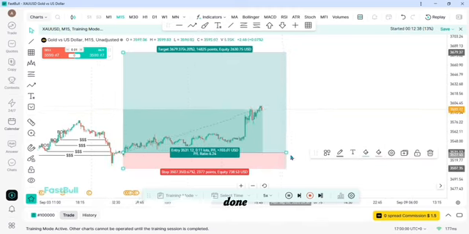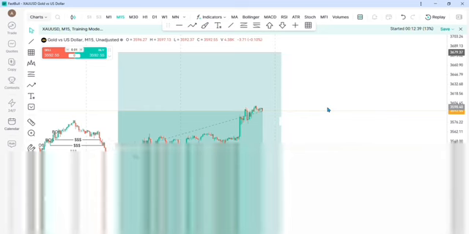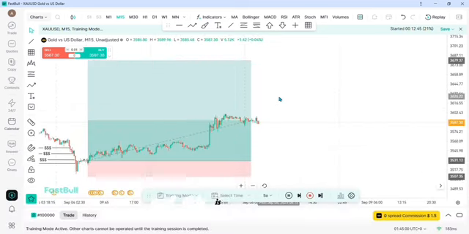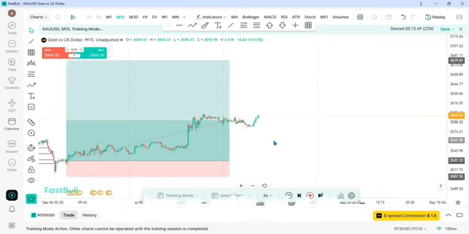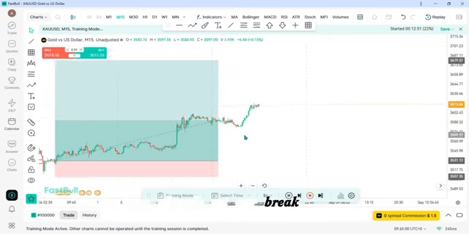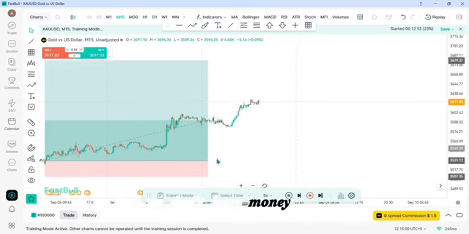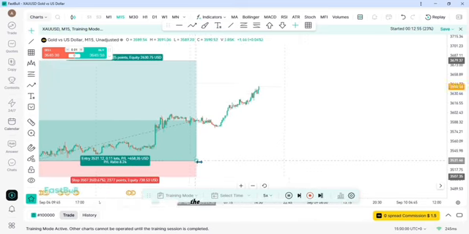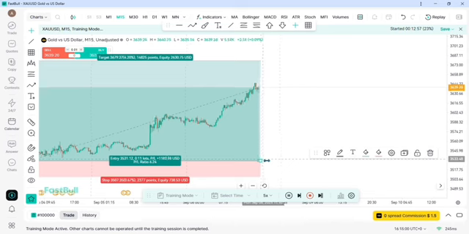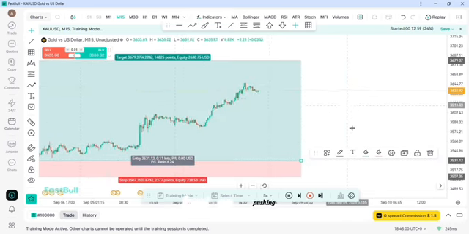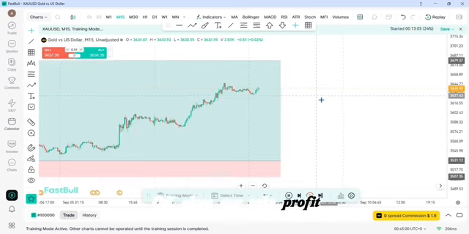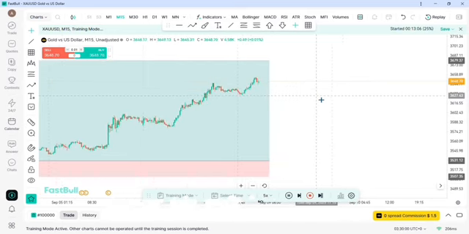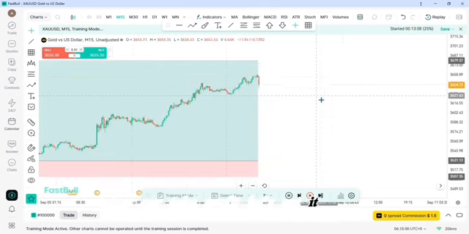We are almost done for the second day. Market kept on pushing, and at this point we have already set our break even, right? So that we don't leave money on the table. You can see the market kept on pushing. Okay, close to our take profit. Let's get it.